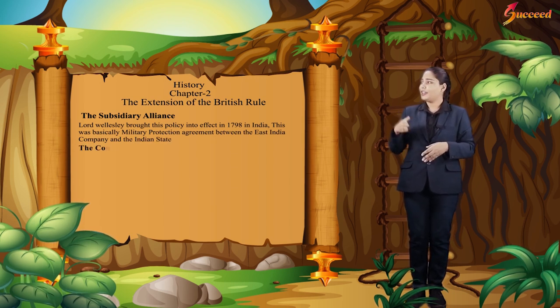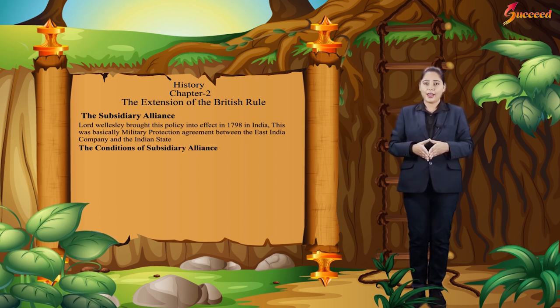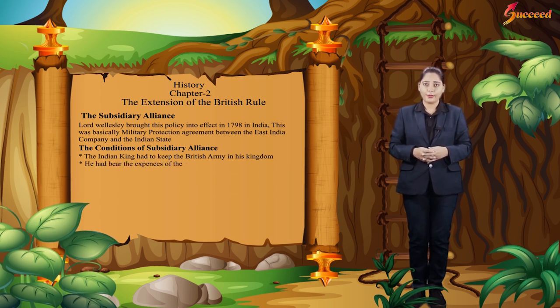Let us see the conditions of the subsidiary alliance. The Indian king had to keep the British army in his kingdom. He had to bear the expenses of the army, give wages to the soldiers, and also give revenue and some land as well.